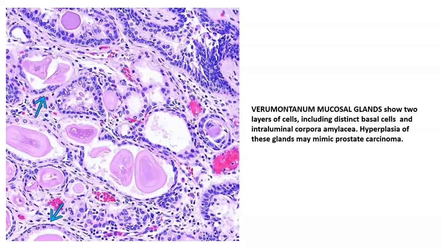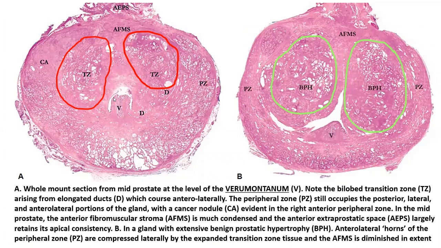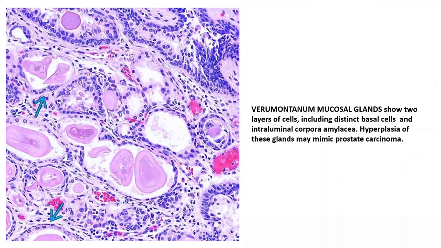Now, talking about the verumontanum, I've said that it is a structure known as the prostatic utricle, which basically forms a diverticulum into the posterior aspect of the prostatic urethra, and it has a condensation of mucosal glands within it. And this is how the glands look. On their own, the glands don't really look very scary. They don't look atypical. You have this bilayer, which is always a good sign within the prostate.